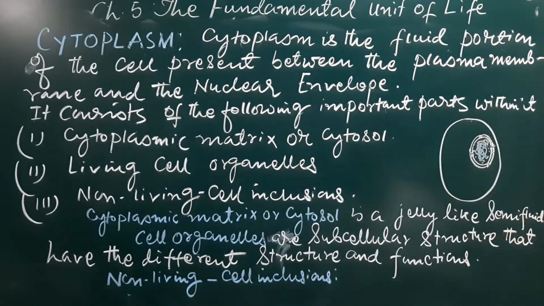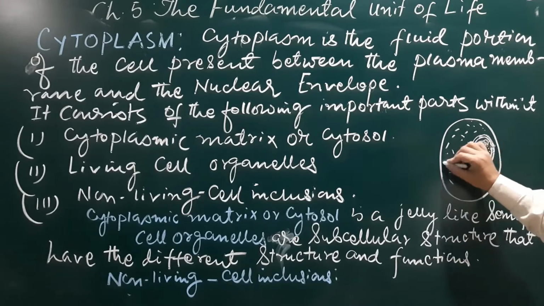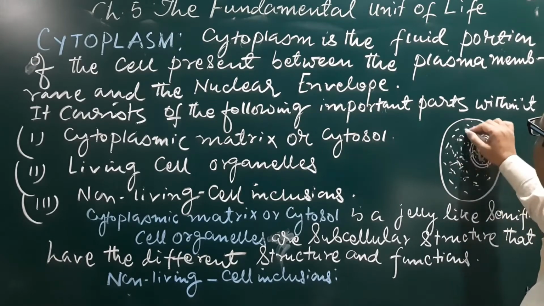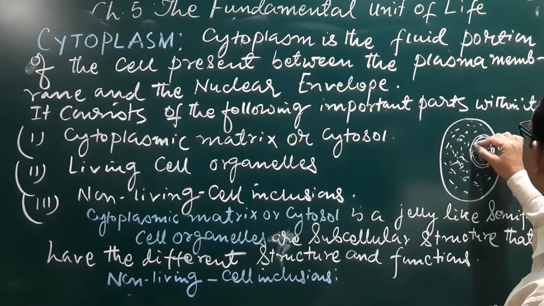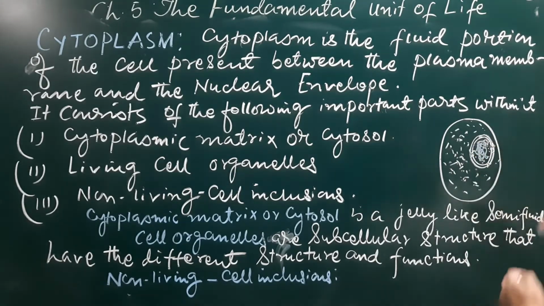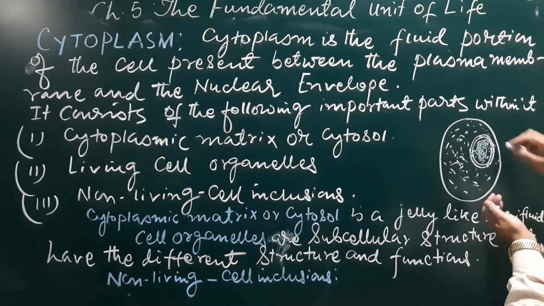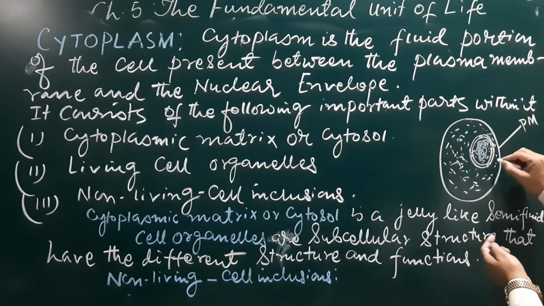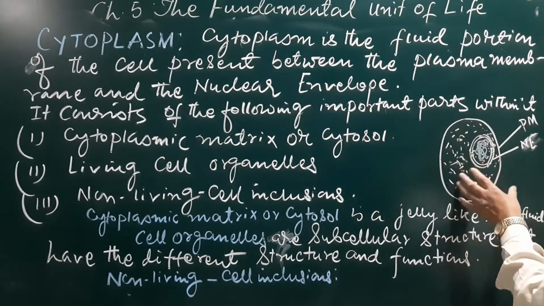This is the structure of the cell, and the rest of the part is besides the nucleus. All these portions are the fluid portion of the cell present between the plasma membrane and the nuclear envelope. This is the plasma membrane and this is the nuclear envelope, and you may see here the presence of this matrix.